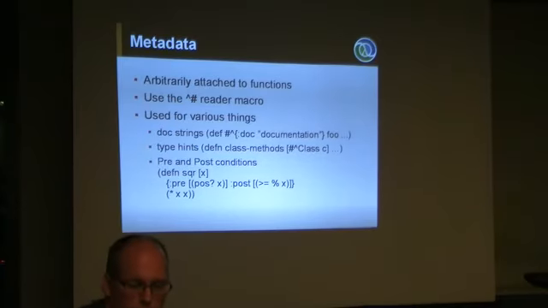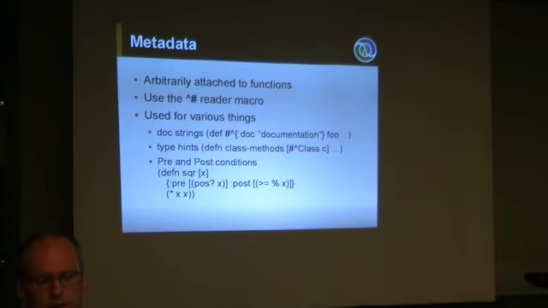For instance, if I define a function and its parameters, if I put this little hash caret thing, I can specify a class that I expect it to be. So in this case, if I'm defining a class methods function that returns the methods of a class, I can tell it explicitly I want this parameter to be a class. That's mainly to avoid all the reflection that's going on.